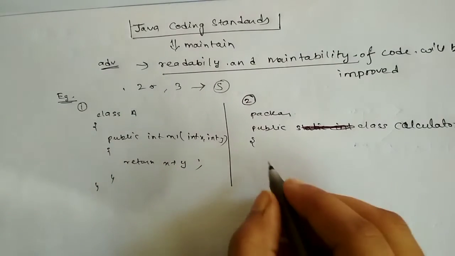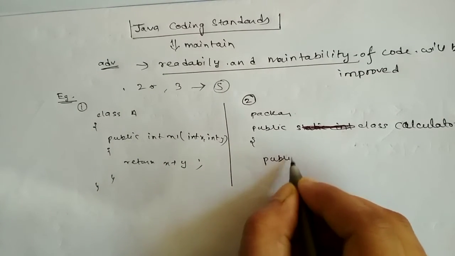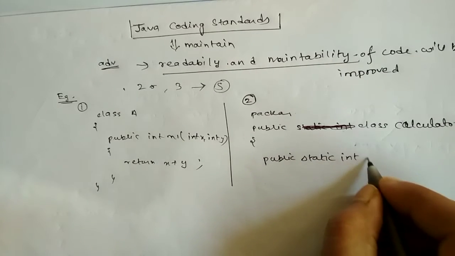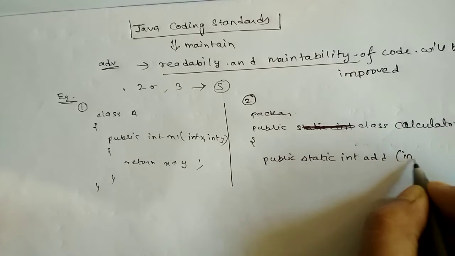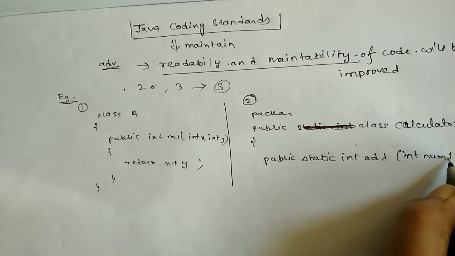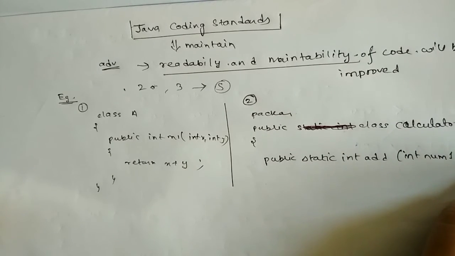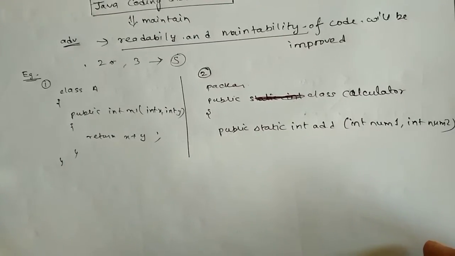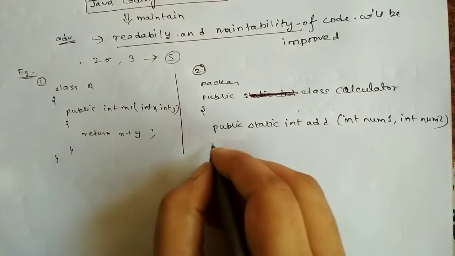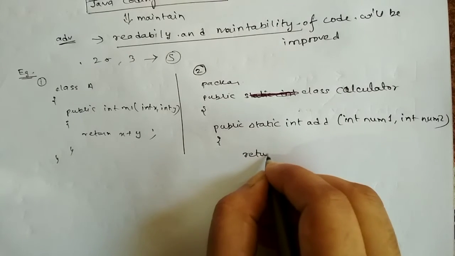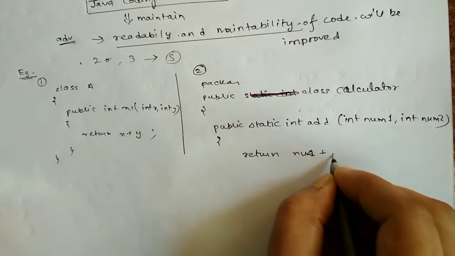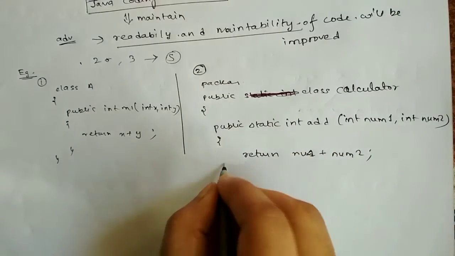Then we define the method name with proper modifiers: public static int add, int number1 comma int number2, and then return number1 plus number2.